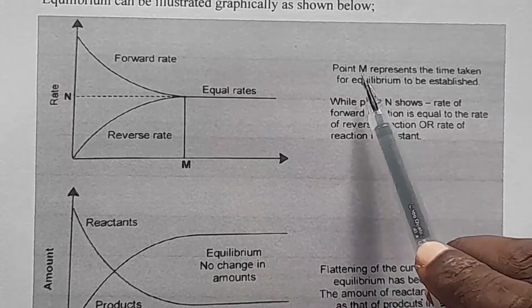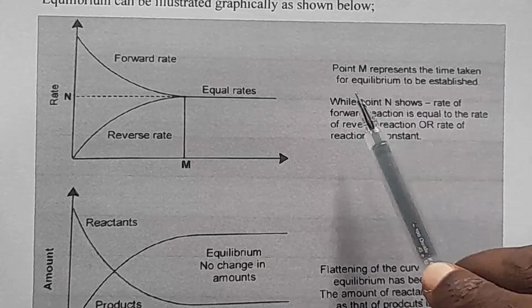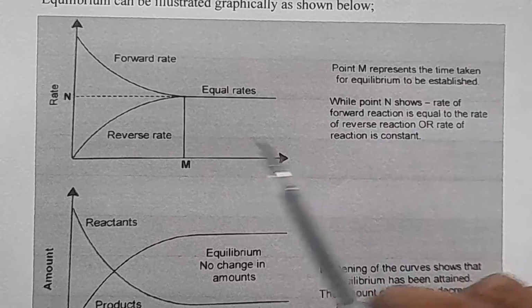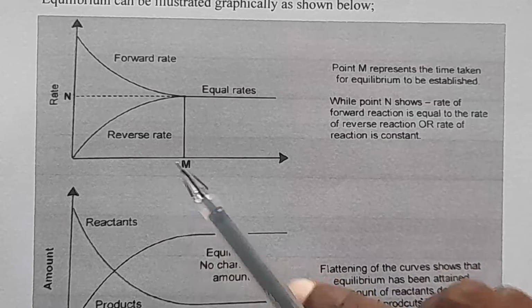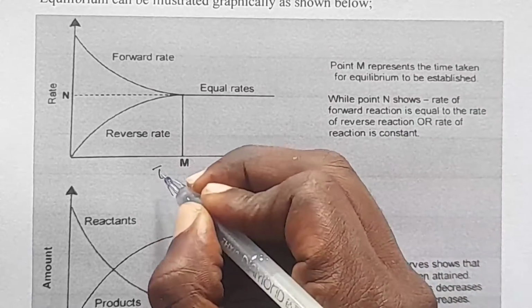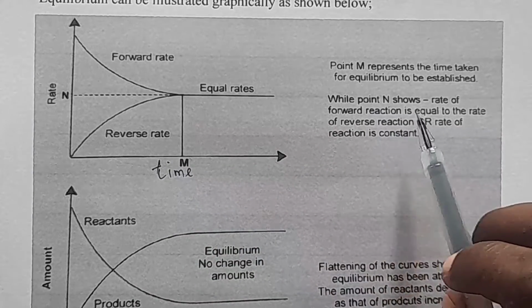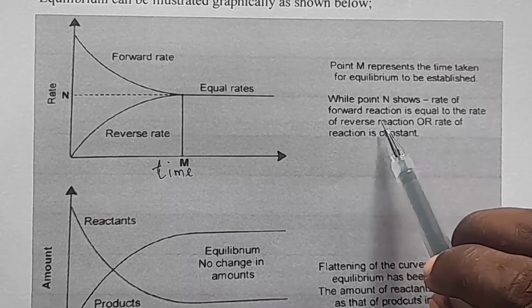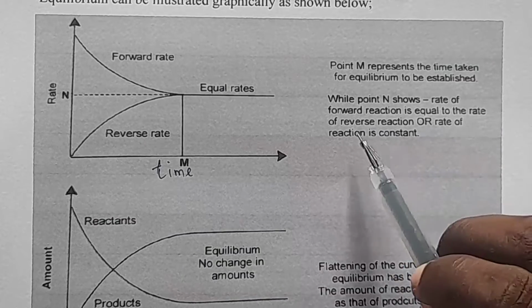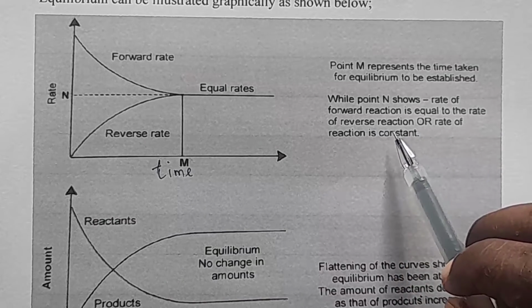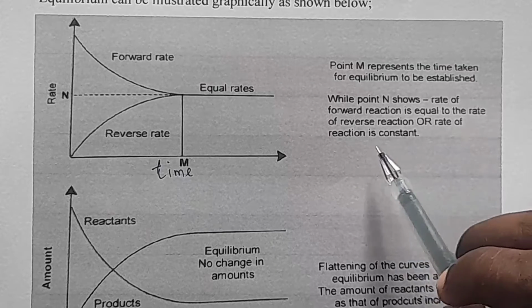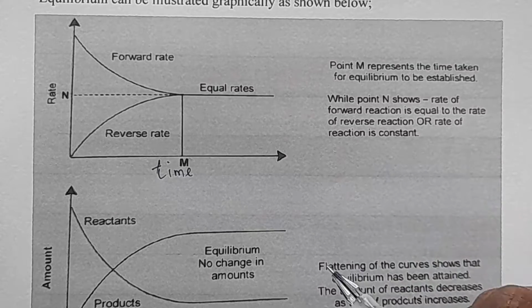So we're saying here, point M represents the time taken for the equilibrium to be established. Here we're going to have time. So while point N shows rate of forward reaction is equal to the rate of reverse or backward reaction, or rate of reaction is constant.